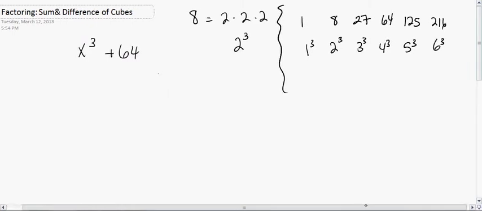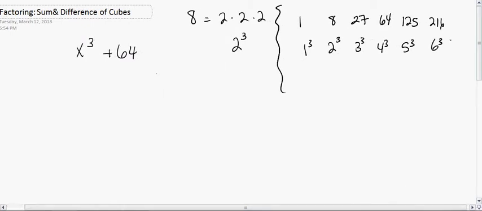And, well, let's do just one more, because I'm running out of room over here. 7 cubed, 7 times 7 is 49, times another 7 is 343. So this is a list of perfect cubes. And probably a good idea to have them easily on hand, just so you're not trying to search for what those numbers are.